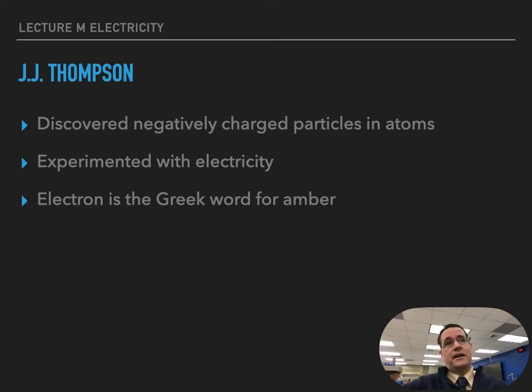So if I told you a few weeks ago that the electron is named after the Greek word amber, you might be like, huh? Why, what? Well, that's because the Amber effect demonstrated this electrostatic mystery that wasn't solved until J.J. Thompson came along and discovered the electron and then tied it in with electricity, and so he called the electron the Greek word amber. Okay, I thought that was pretty interesting.